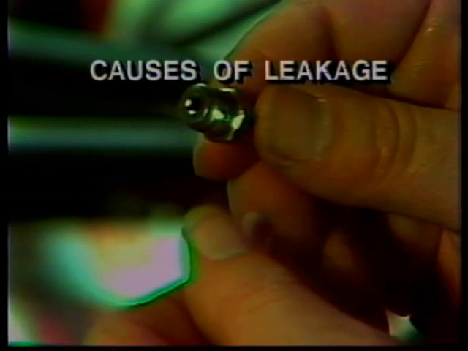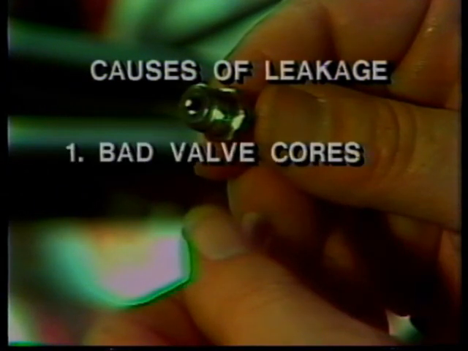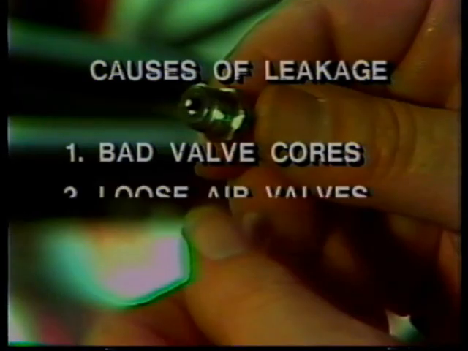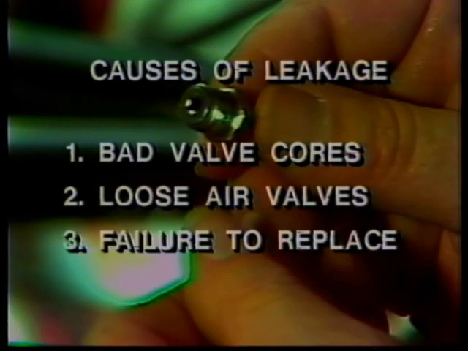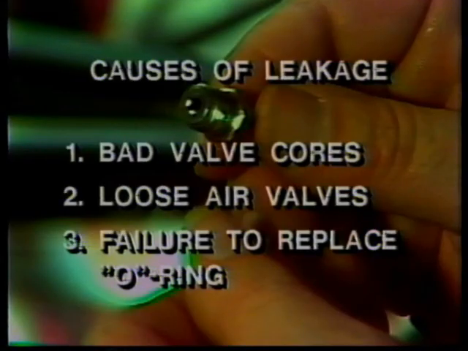The usual causes for leaks are a bad valve core, loose air valves, or failure to replace the O-ring before replacing the air valve. Replace the valve cap and secure it finger tight.